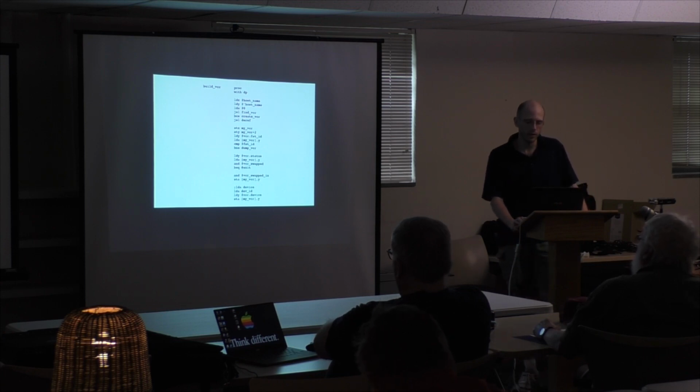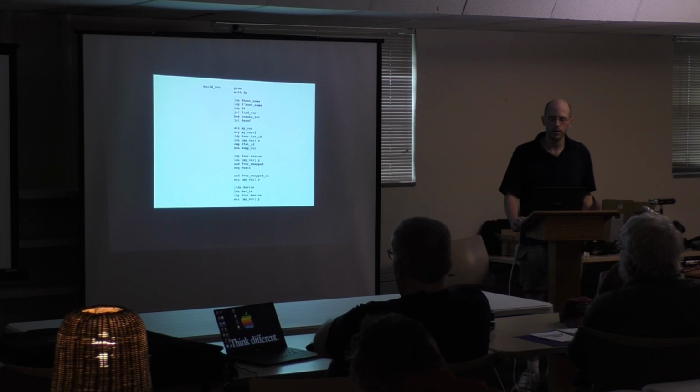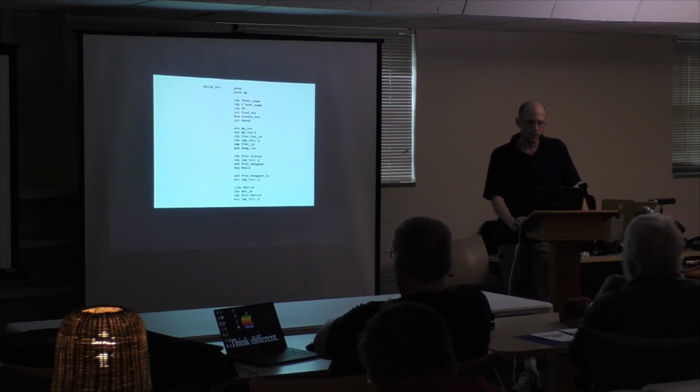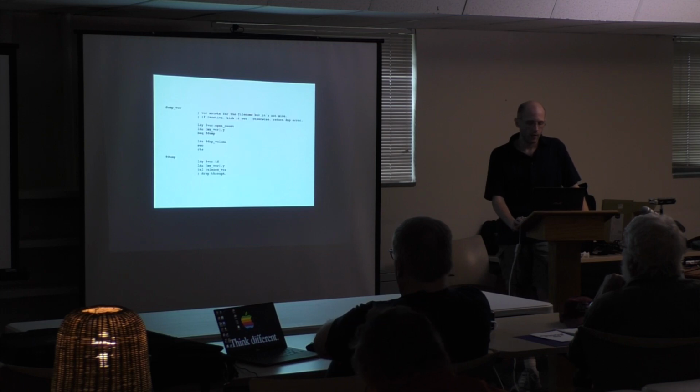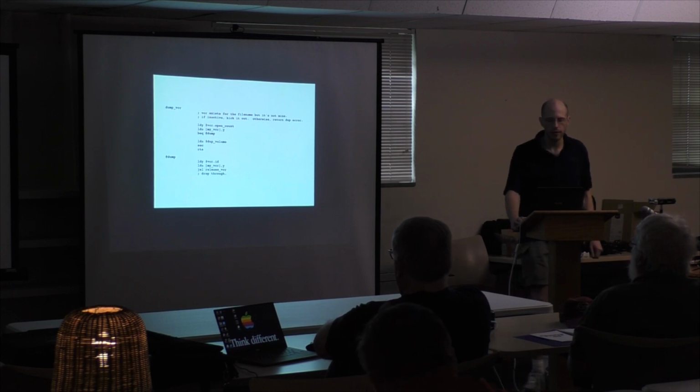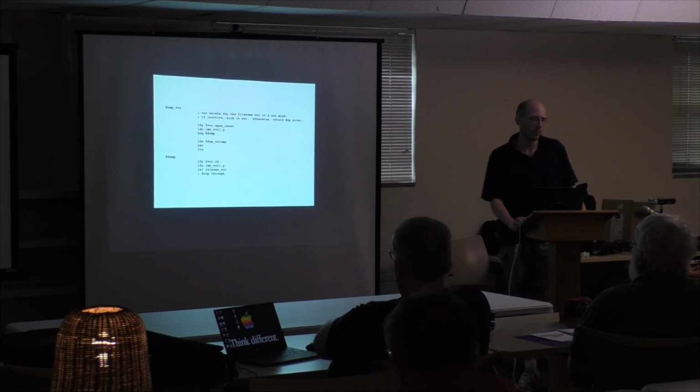If it does exist, we need to check whether our FST created the volume control record, which is okay, or if somebody else created it because they stuck in a disk with the same name. And if they did stick in a disk with the same name, we check if there are any open files on it. If there are no open files, we kick it out and create our own. If there are open files, then we give a duplicate volume name error.